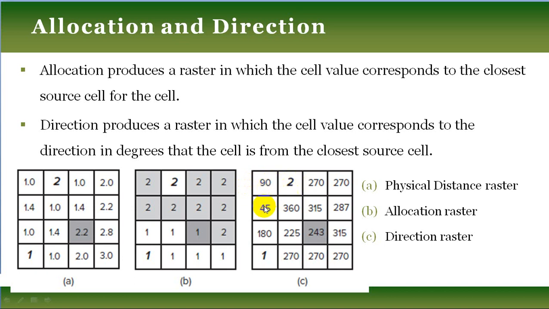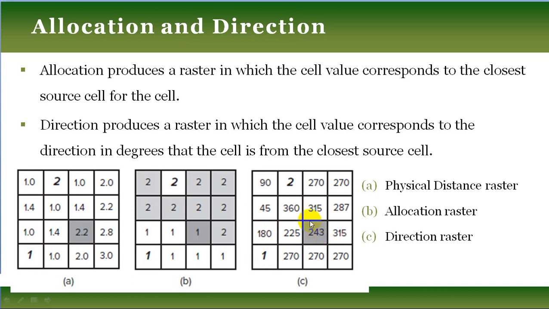From this cell to the source cell the direction is northeast. From this cell, totally north. From these cells, northwest. And from these cells you can also see northwest. For this one, 180 degrees means towards the south, so from these cells towards source 1, in this direction.